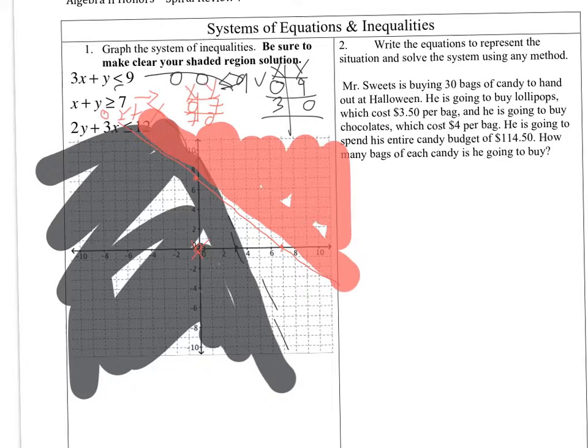Okay, and finally, we've got 2y plus 3x is less than or equal to 12. If I plug in 0 for y, I get 4 for x. And if I plug in 0 for x, I get 6 for y.